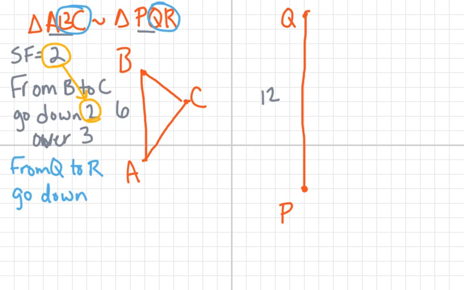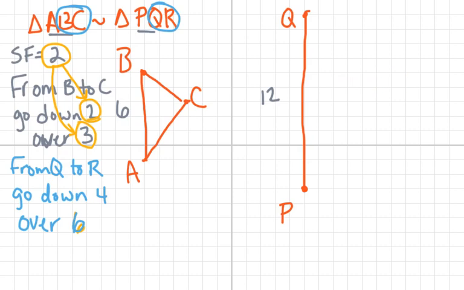So I have to go down 4, and then instead of going over 3, I have to go over 2 times 3, so I have to go over 6. So from Q to R, I have to go down 4 and over 6.